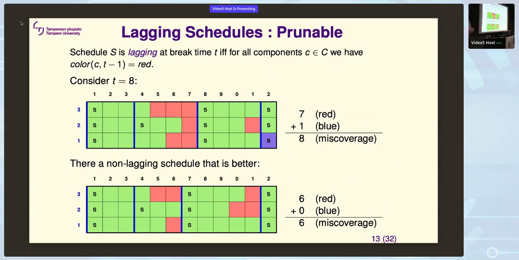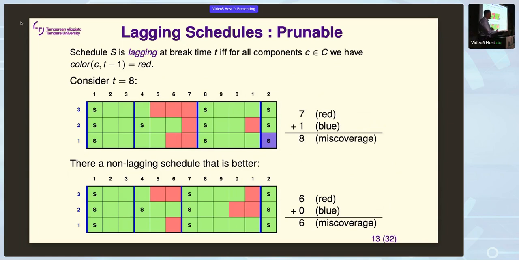So the first class of schedules which can be pruned are called lagging. If you look at this schedule, you see that at time point 8, we have components which will be serviced here. But just before that, all of them have been used for one time unit without any more guarantee of a good condition.